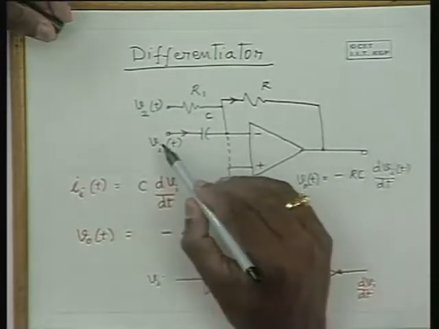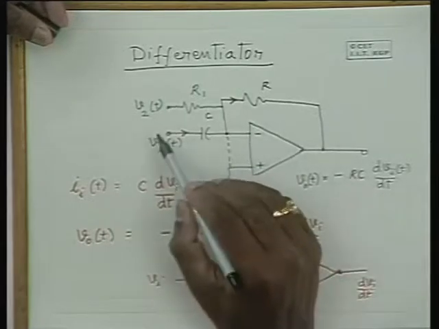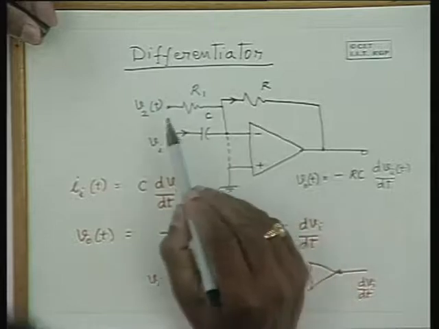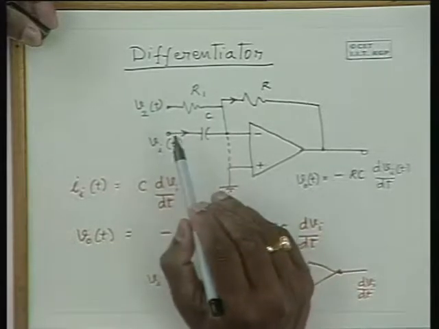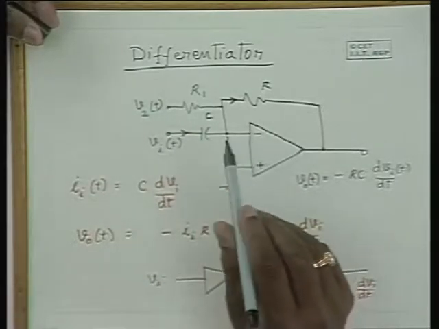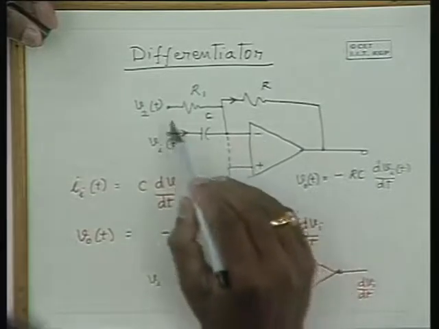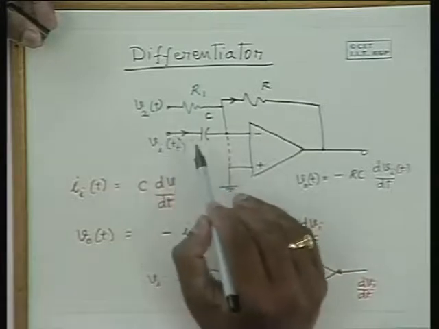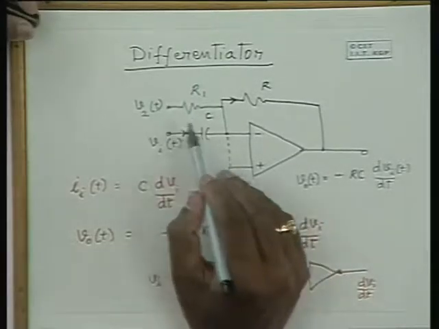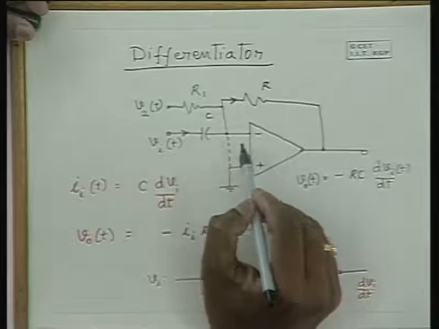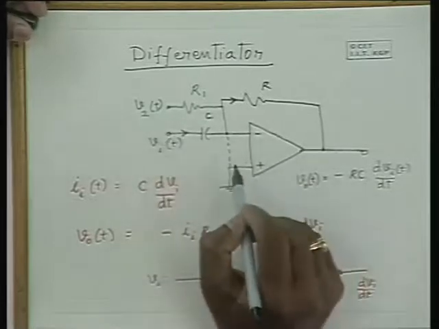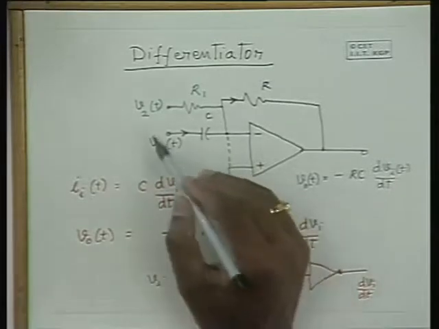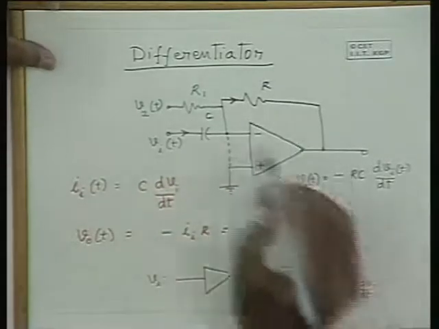Now this circuit acts as a differentiator as far as Vi(t) is concerned, and as far as V2(t) is concerned, this circuit acts like an ordinary amplifier. And since you have different inputs connected to the same inverting terminal, it acts like a voltage adder. So all these things put together, please note that it gives you a different function.